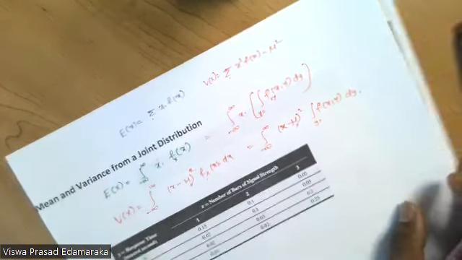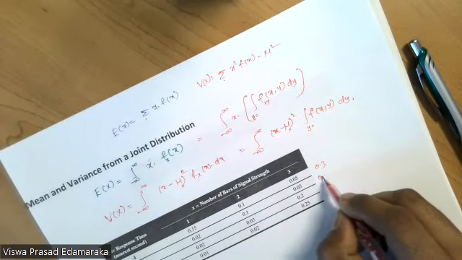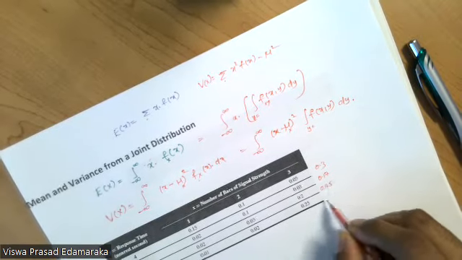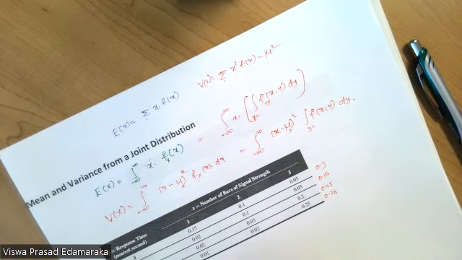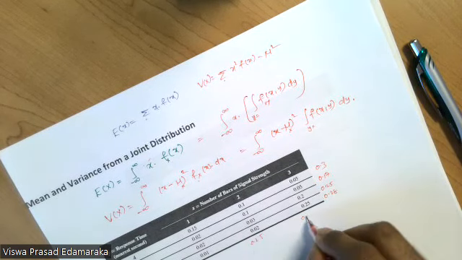So for this example, we know that this is 0.3, 0.17, 0.225. This is also an important question. He might ask it in the examination.